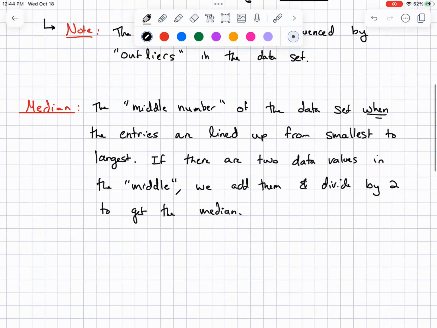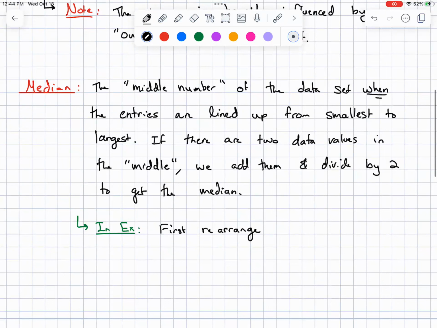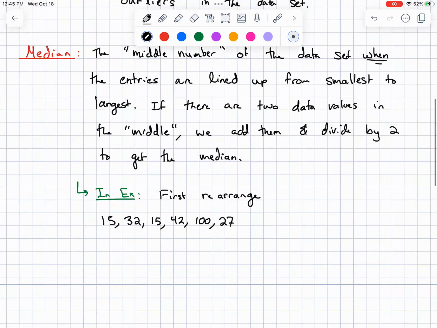So in the example, we need to first rearrange. So the data set was 15, 32, 15, 42, 127. And to rearrange that, looking at the numbers, the way I usually do this is systematic.